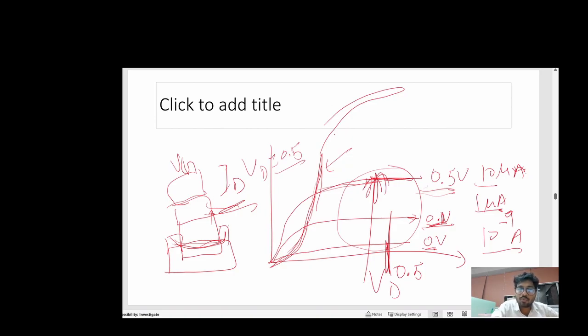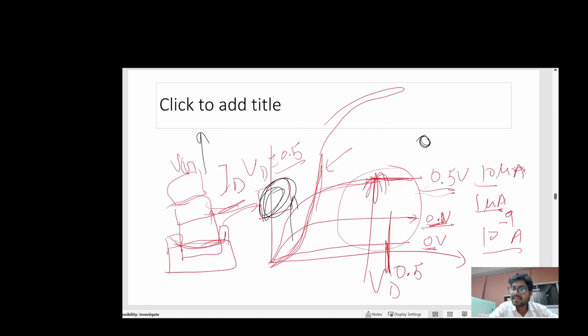And this drain is connected to some LED, let us say this is the LED. When you increase the gate voltage, the brightness of this LED will increase. This is like typical displays.